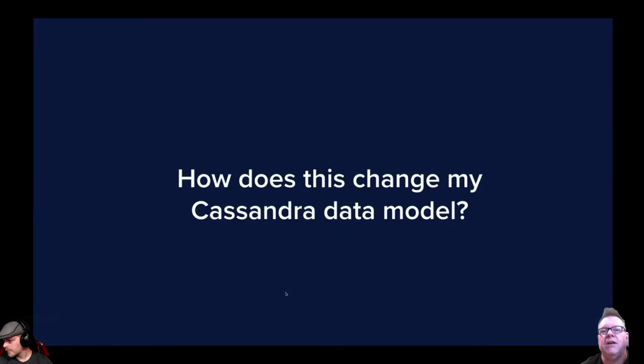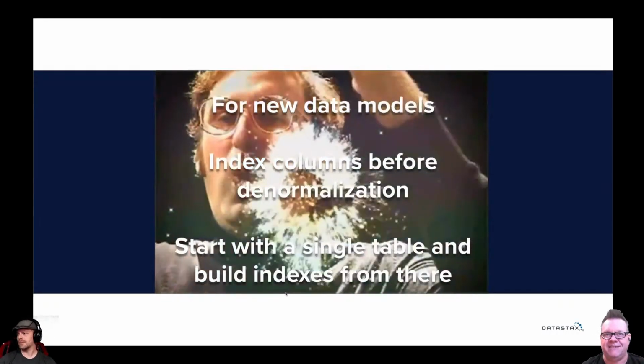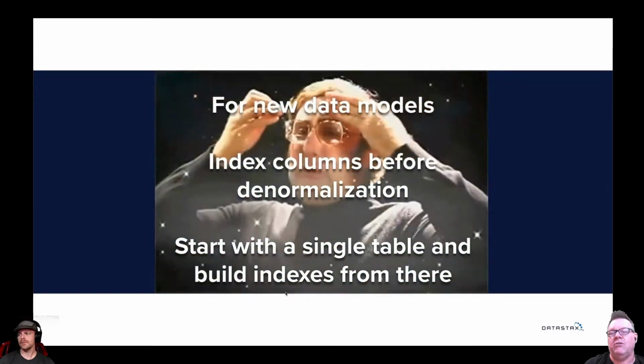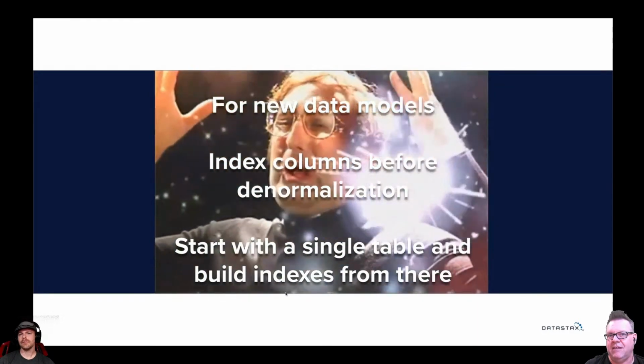All right, so I'm going to end with this, and this is where the whole room just goes crazy. How does this change my Cassandra data model? Those of you that have been using Cassandra for a long time, I'm sure this is going to be a big deal for you. Boom! For your new data models, index your columns with secondary indexing before you go down the denormalization path.